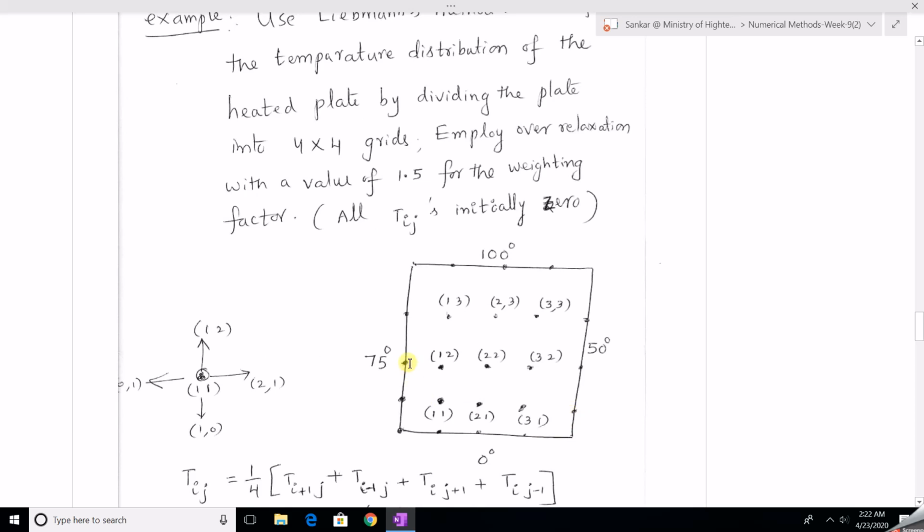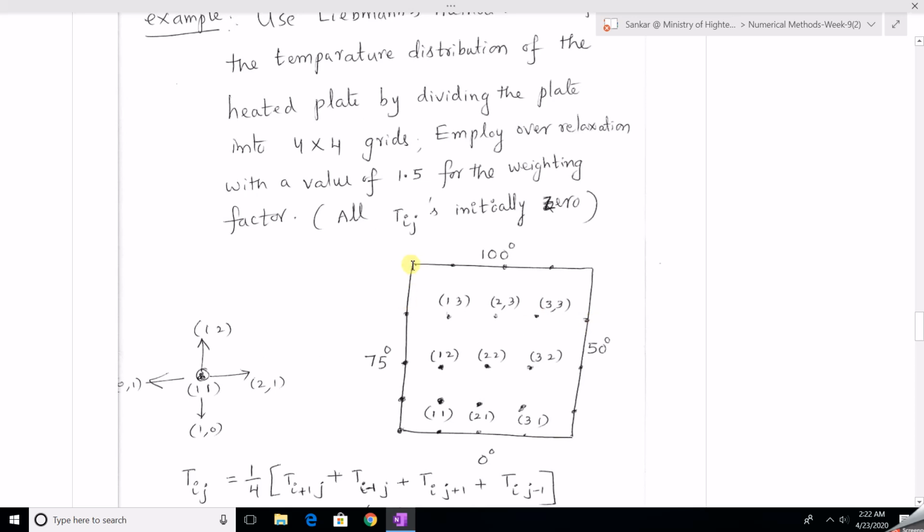Similarly, this point is 0,2, and this intermediate grid point inside the plate is 1,2, and this point is 2,2, this point is 3,2, and this point is 4,2. For x equals 0, no change; y is 3: this is 0,3, this is 1,3, this is 2,3, and this is 3,3, and this is 4,3.